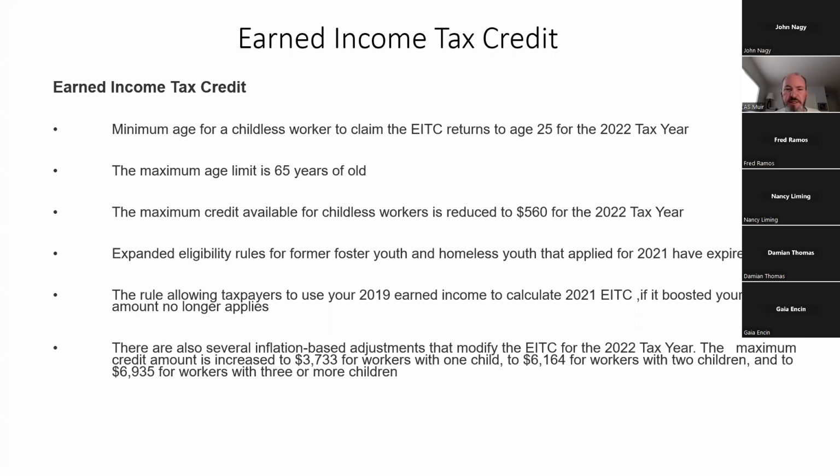That went away many years ago. And so this is, in some cases, a big surprise to some of our clients. And some of them will actually ask you, is this correct? And so all that means is you're going to explain to them, well, you're eligible for the credit. The credit for some people is over $6,000. It's a refundable credit. And so, yeah, that's what you're going to get.